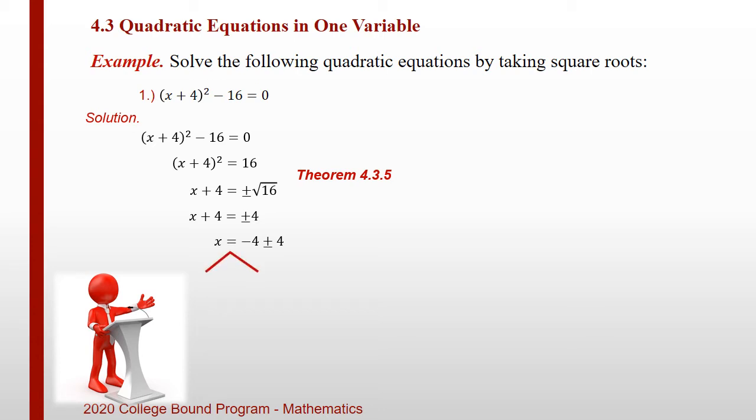This can be split into two parts, namely x equals negative 4 plus 4, which is 0, and x equals negative 4 minus 4, which is negative 8. Therefore, the solution set for this equation is the set containing 0 and negative 8.